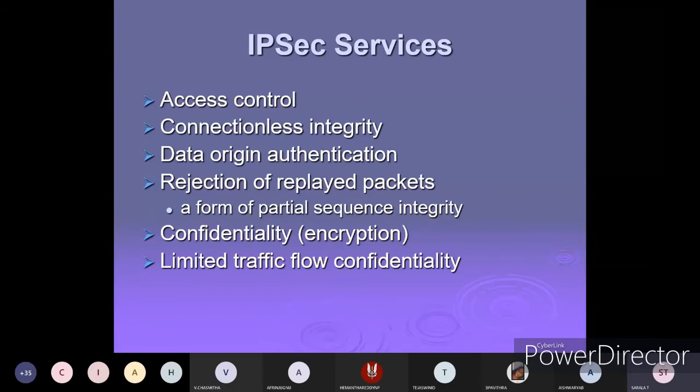Rejection of replayed packets, a form of partial sequence integrity: whenever replayed packets come towards your system with wrong or hacking information, you can easily reject them by looking at the IP security layer information.